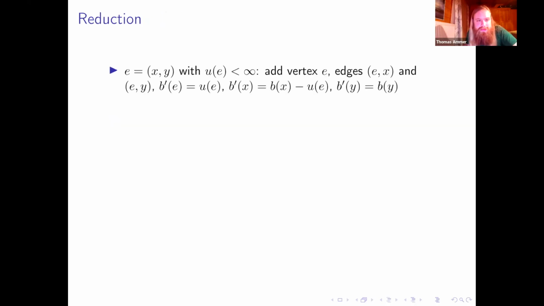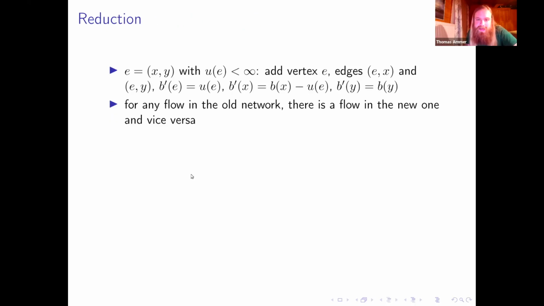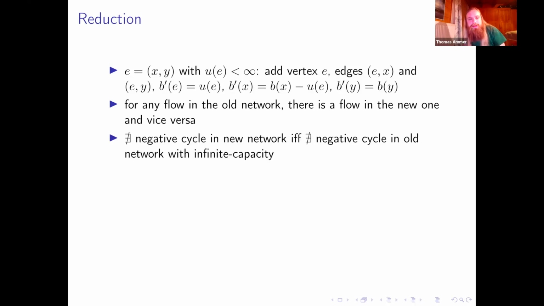And what we then do is we apply some trick, and we replace finite capacity edges and change the network a little bit. And then one can show, and that proof is of course also formalized, that for any flow in the old network, there will be a flow in the new network and vice versa. One can also show the new network will not contain a negative cycle if the old network does not contain a negative cycle that has infinite capacity.